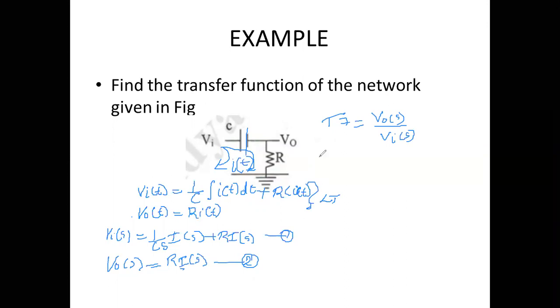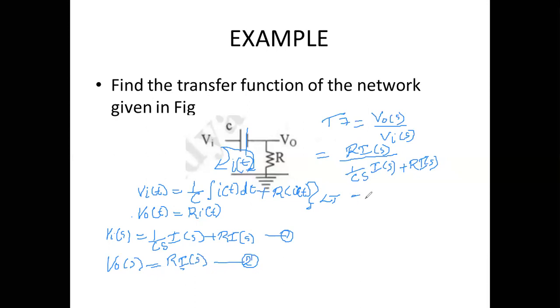So we can write this as: what is V naught of s? R into I of s. This is your V naught of s, R into I of s, divided by 1 by Cs into I of s plus R into I of s. You can take I of s as common.